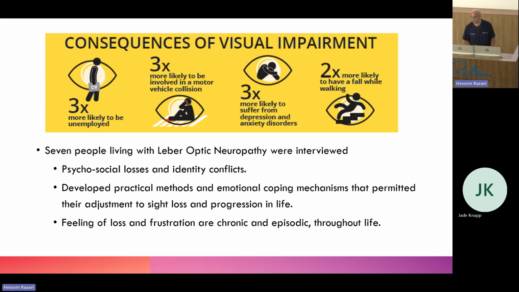But over time, these people develop coping mechanisms, practical things and emotional things that permit them to adjust to sight loss and have as normal a life as possible. But that difficulty can recur, and it's chronic and it's lifelong. So it's a bit like a chronic illness. And so it's lifelong care that people need.